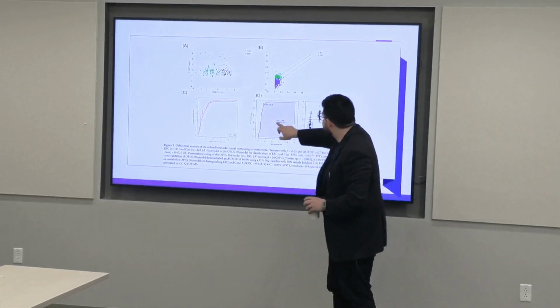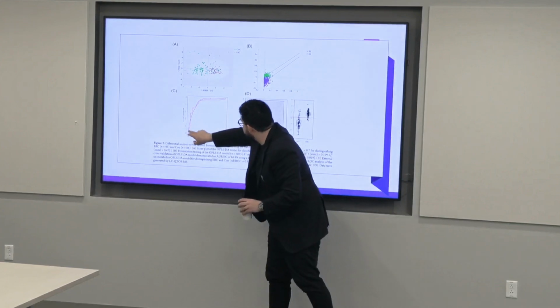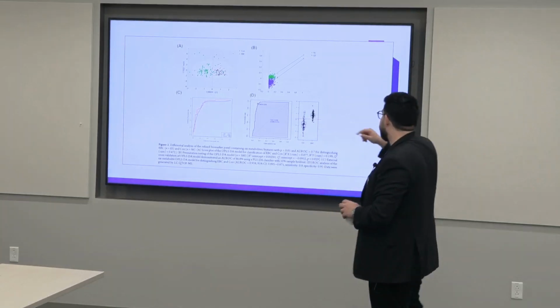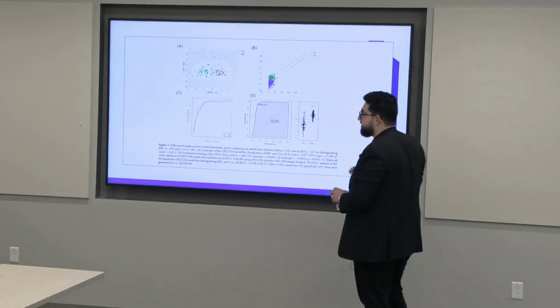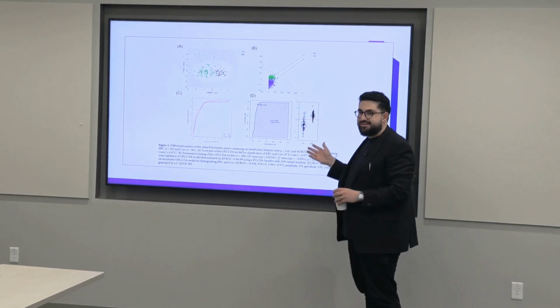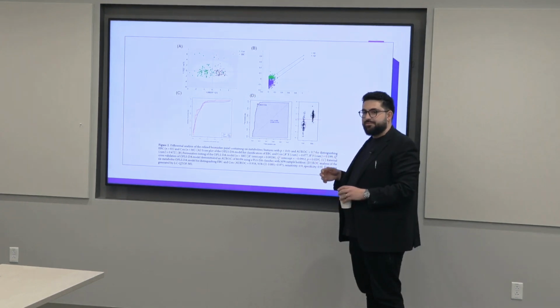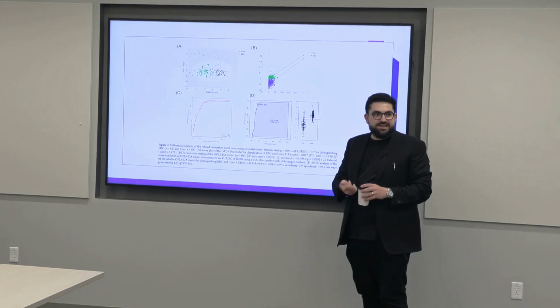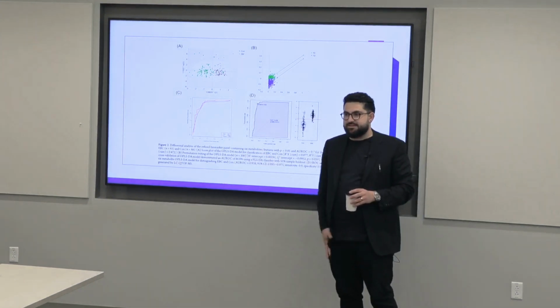This is our testing set. And in the testing set, the model actually worked better than it did in the training set. We had 93.8% classification with just those 6 markers, not age included either. 3 of them were unidentified. We had no idea what they were. So it doesn't help us in terms of biological interpretation, but we can set this machine up again and say, look for these mass to charges.